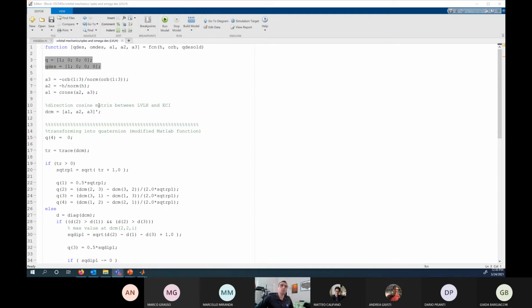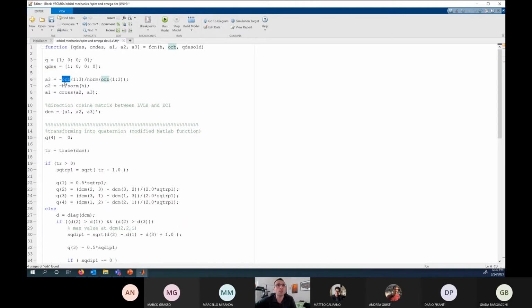But what I'm doing in these first initial lines is the following. I'm computing, I will probably need my paper here in a second, but the first instruction is taking orb 1, 2, 3, and normalizing that. That is the position vector, because orb is a vector of 6 components, position and velocity.